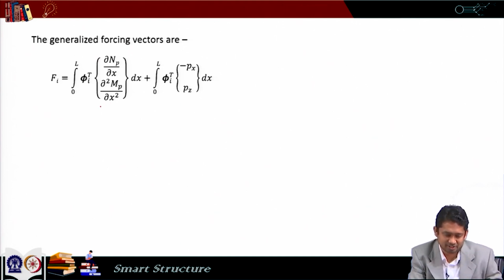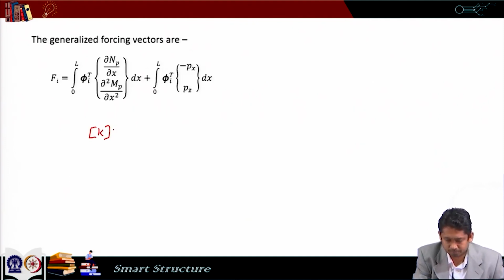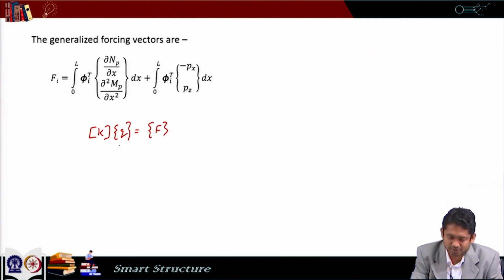So, with this we get the K matrix and the force vector, and by solving we get our Q. So we have QU, we have QW.